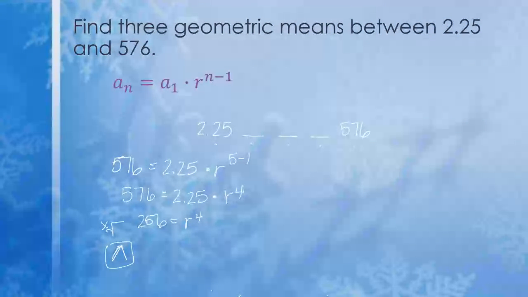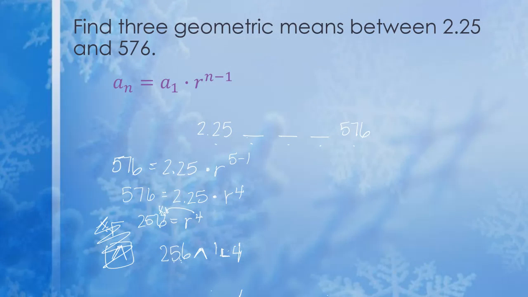You are going to hit your index, which is 4. You know what? Let's try this a different way. Let's take 256 to the 1/4 power, okay? So on your calculator, do 256 to the power of, and then do 1 over 4. And you should get 4, which means that your R is 4.